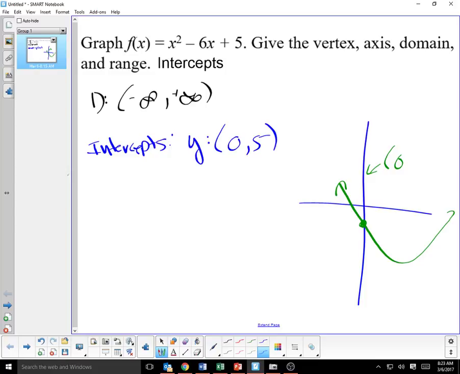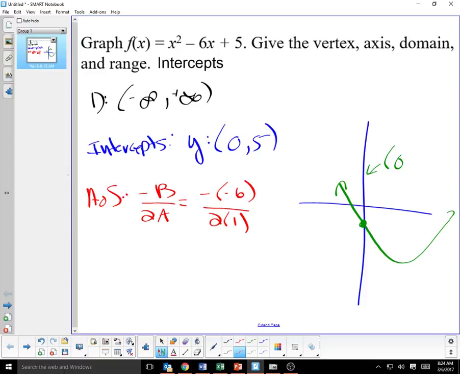So do we have a vertex? We don't have a vertex yet, but I know that in order to get a vertex, I need an axis of symmetry. So I'm going to do that next. Let me use the red color here. I know that the axis of symmetry is at negative b divided by 2 times a, which is negative 6 divided by 2 times 1.